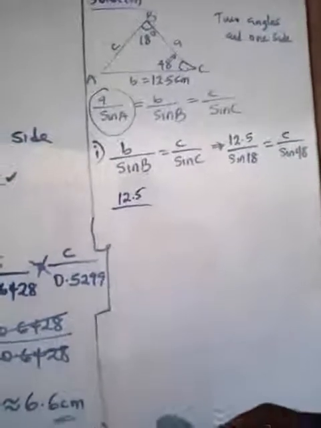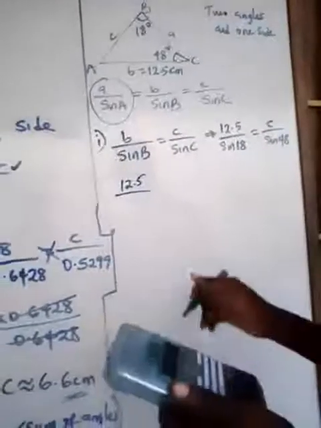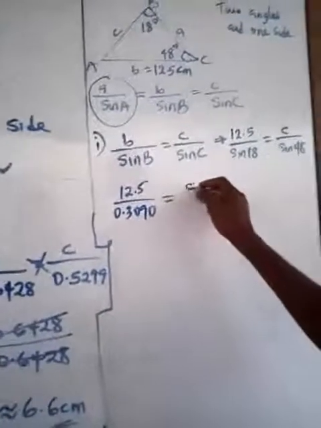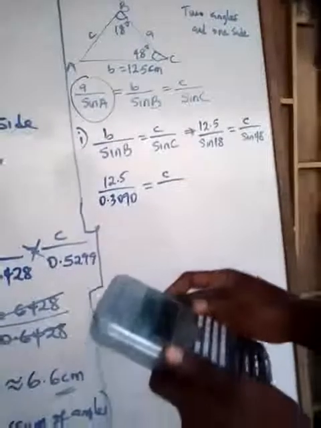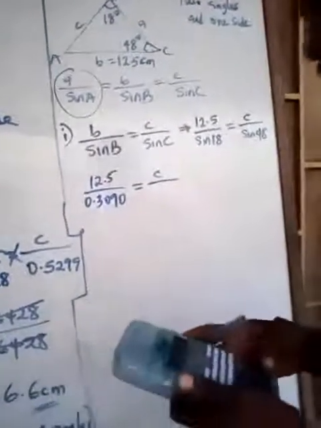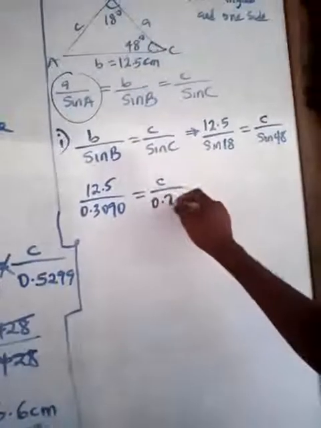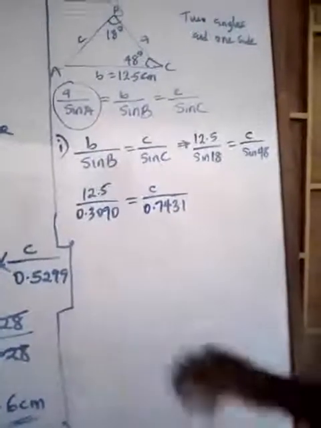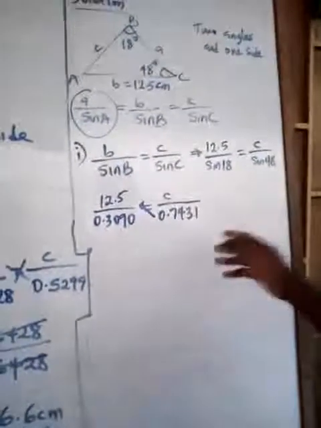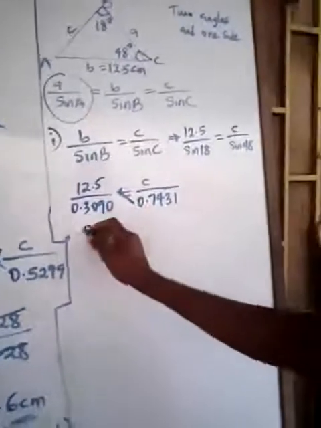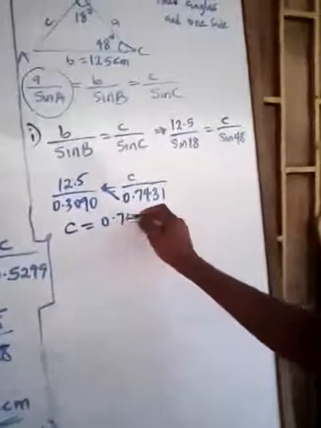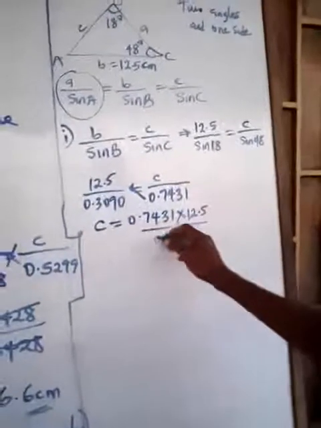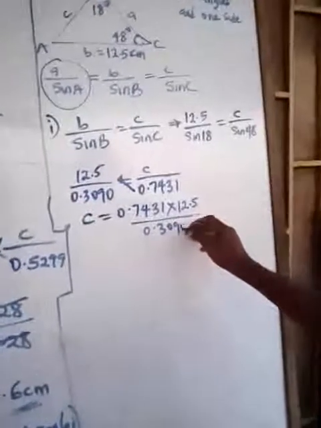So let's check that from the calculator. Sine 18 is 0.3090, is equal to c over sine 48. Ensure the calculator is always in degrees. Sine 48 is 0.7431. So if we do partial cross multiplication, instead of cross multiplying everything, we have c equals 0.7431 times 12.5 all over 0.3090.